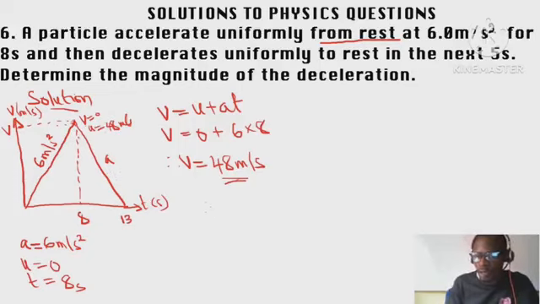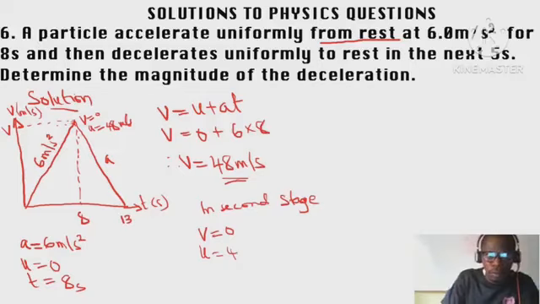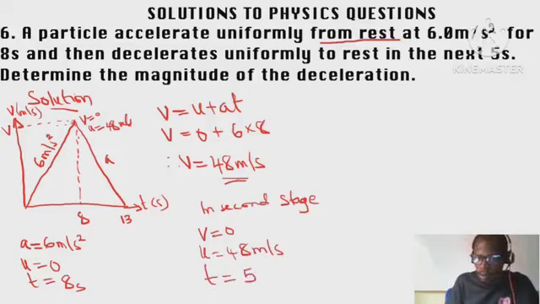Now, in the second stage, we also have that the final velocity now is equal to 0. The initial velocity is now equal to 48 meters per second. And the time is now 5 seconds. So we are asked to calculate the deceleration, which is a. That's what we want to calculate.